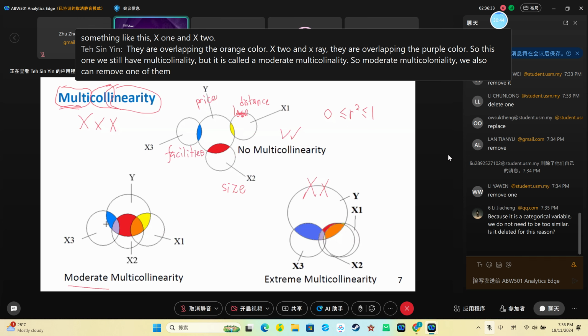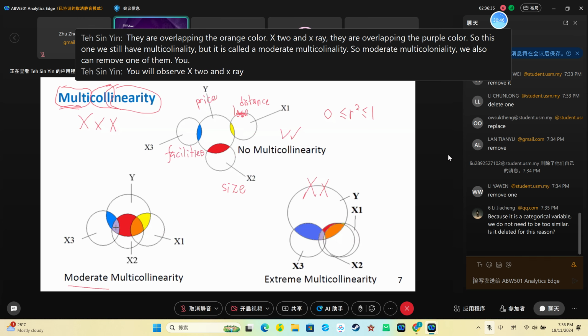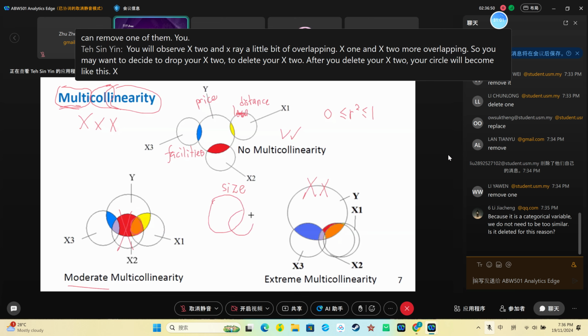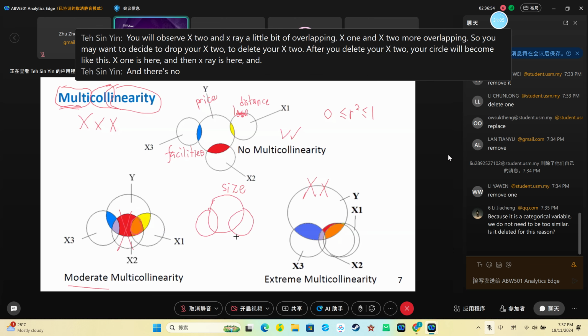You will observe x2 and x3 have a little bit of overlapping, while x1 and x2 have more overlapping. So you may decide to drop x2. After you delete x2, your circles will become like this: x1 is here, x3 is here, and there's no overlapping between x1 and x3.